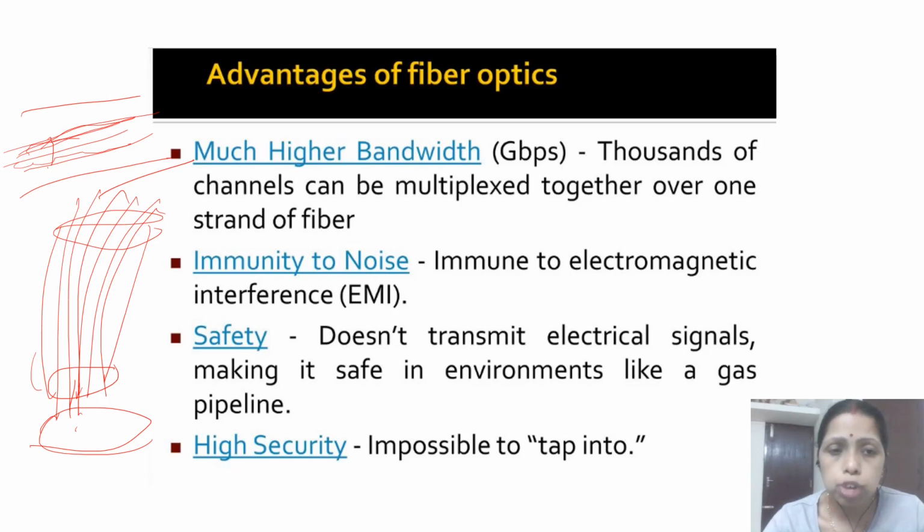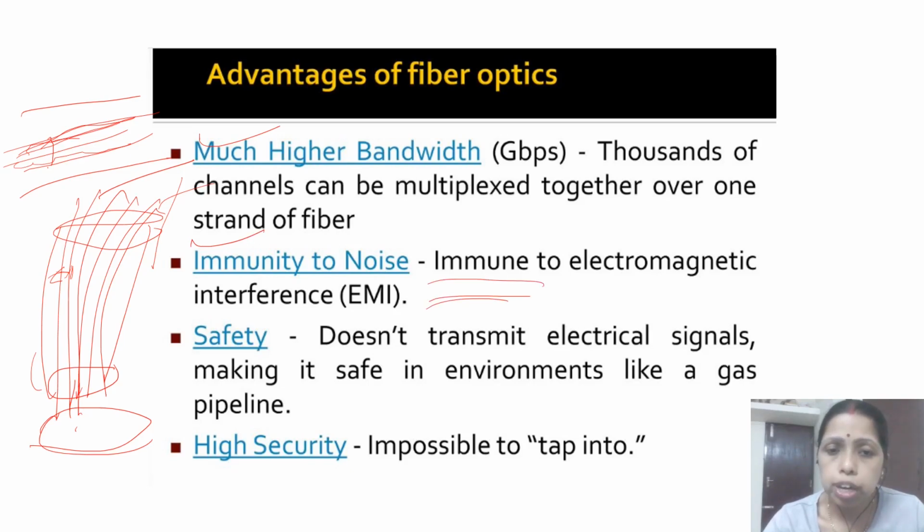The information passing through this line cannot be reflected into that line. There will be no electromagnetic interference. So these are the main advantages: high bandwidth and immunity to noise.